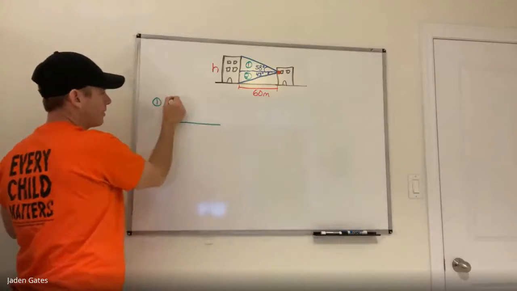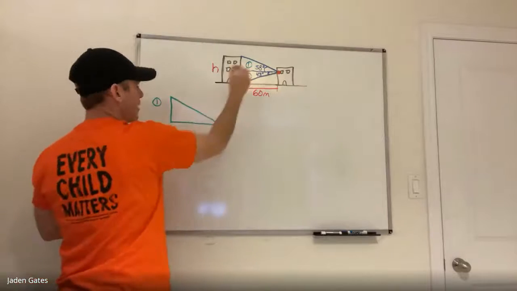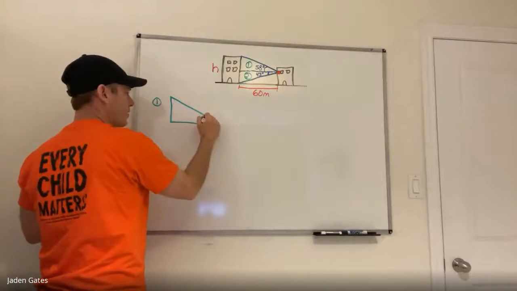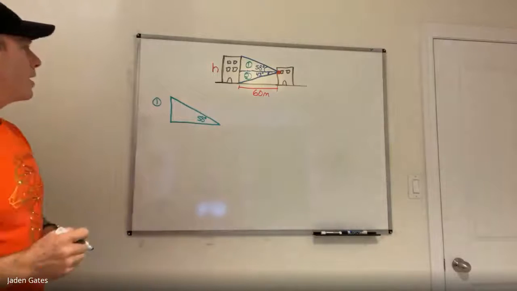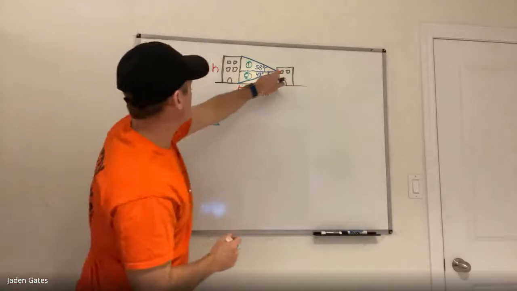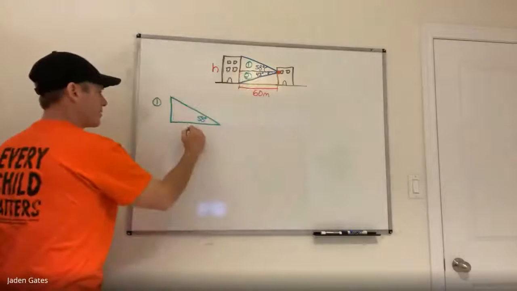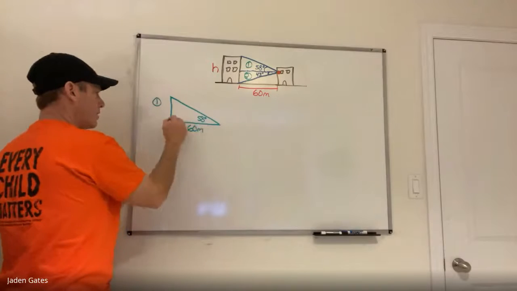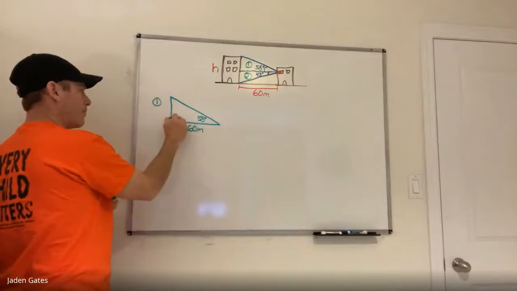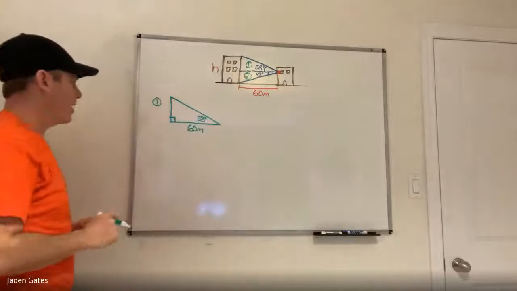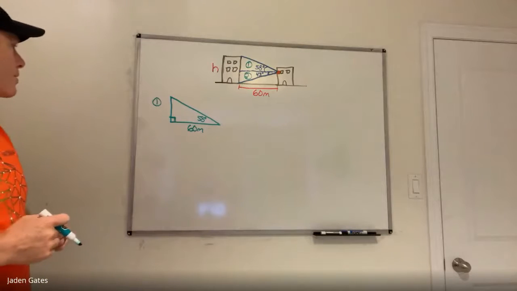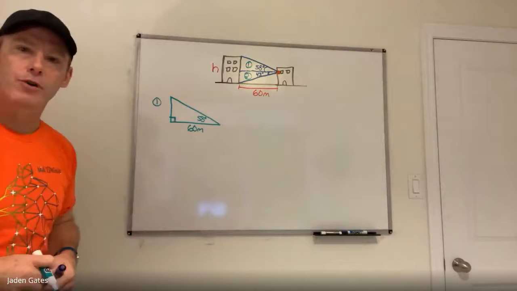There it is. I have my 58 degree angle inside here. I have this distance 60, which is the line from here to here. So there's my 60 meters. I'm going to put a right angle here because the building is staying straight up. All right, so there's the information that I have in my first triangle.